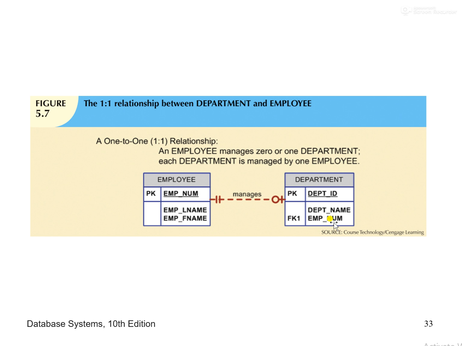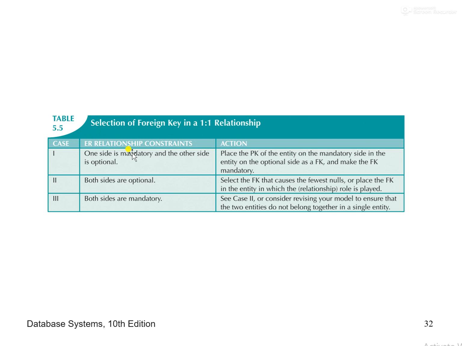You can see here employee num becomes the foreign key in the department table as per this first rule. The other case is both sides are optional. If both sides are optional, then select the foreign key which causes minimum null values, or place the foreign key in the entity in which the relationship role is played. A third case is if both sides are mandatory. For this, they said it will be the same as case 2, or consider revising your model to ensure that the two entities do not belong together in a single entity.